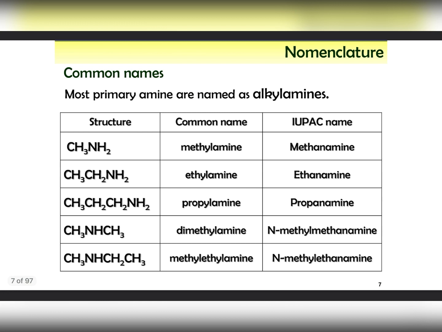Right, so next kita akan tengok common name untuk most primary amine. They are named as alkyl amine. Kita akan tengok common name dengan IUPAC name. So let's say you have this structure, CH3 and NH2. So you have here it is methylamine. Dia punya common name. And dia punya IUPAC name adalah methanamine.